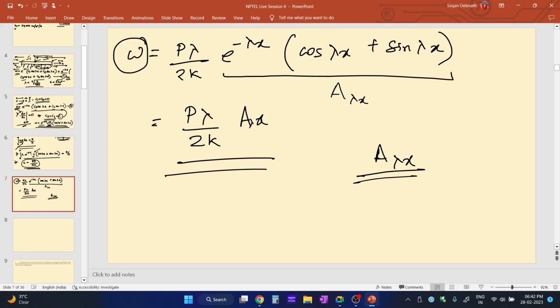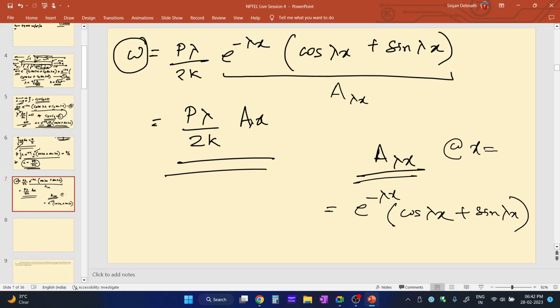So look at this part. A lambda x is equal to e to the power minus lambda x, into cos lambda x plus sin lambda x. Now we need to find out the deflection at the reference point, that means at x equal to 0, where the load is acting. So if we put x equal to 0, this part will be 1, right?